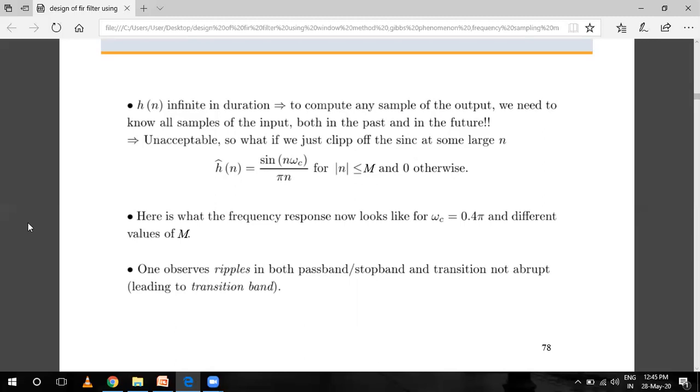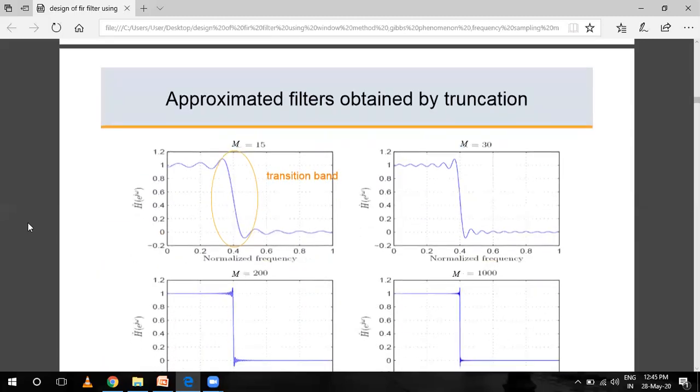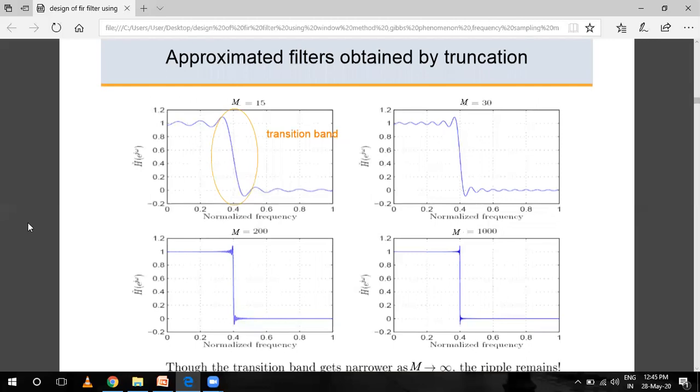Here is what the frequency response now looks like for ωc equals 0.4π and different values of M. One observes ripples in both the passband and stopband, and the transition is not abrupt. This is the approximate filter obtained from the design when we draw H(e^jω) versus normalized frequency for different values of M.